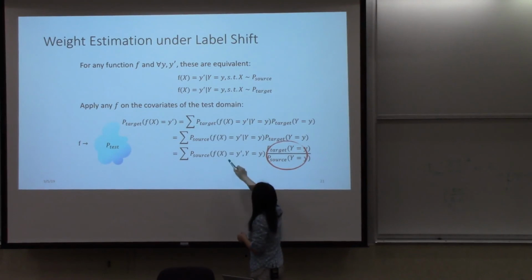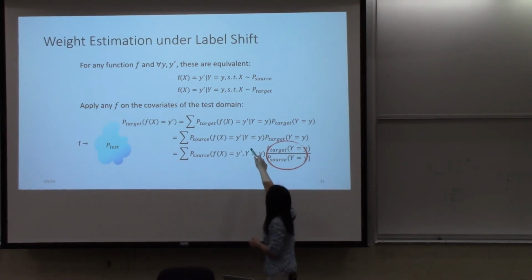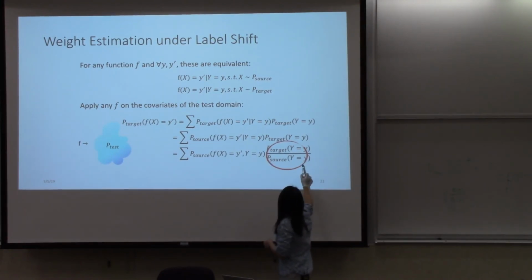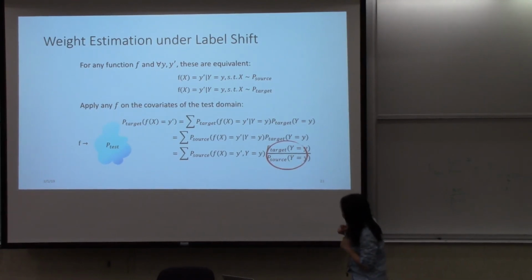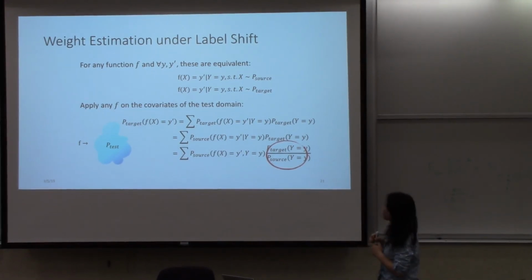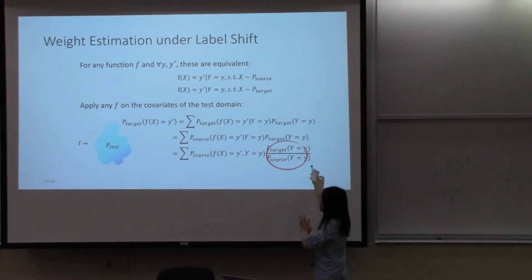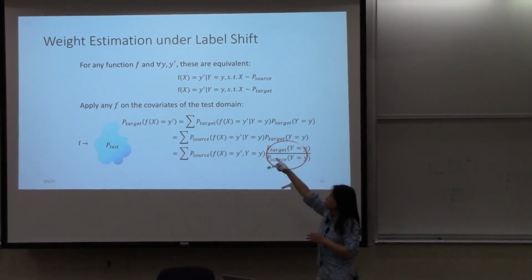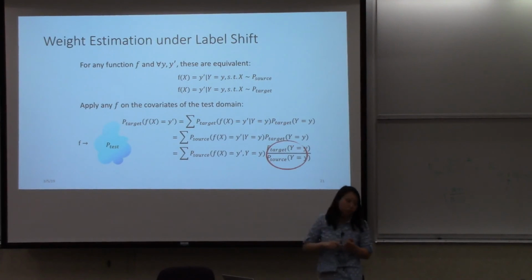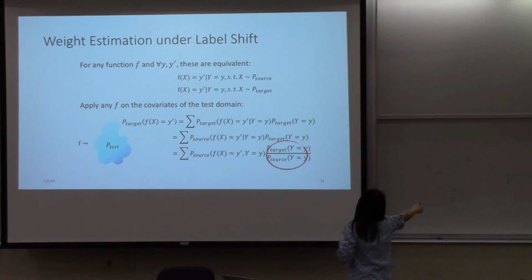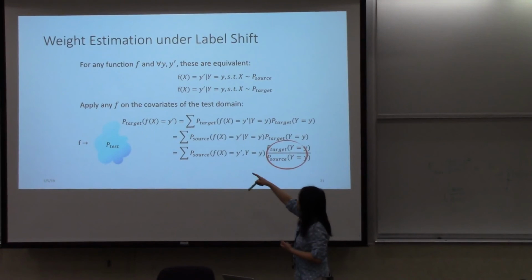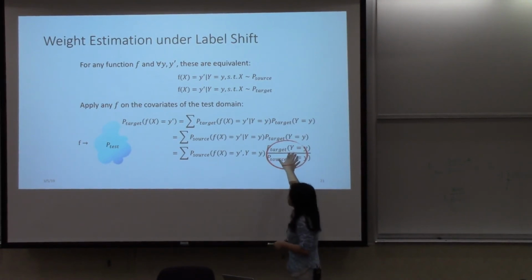You use the joint distribution here, but then have p source y equals small y here, so you get this ratio. I'm not sure whether this is a good way to explain it, but it's the same importance weighting principle. This is just how we get it using a classification method: you apply the same f on the source and target samples, and then you can derive that this ratio appears here.